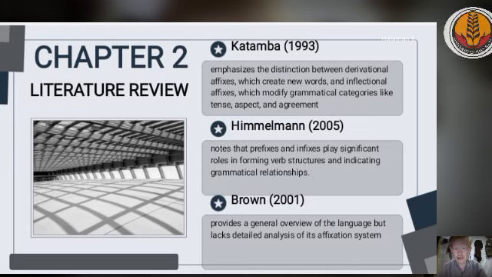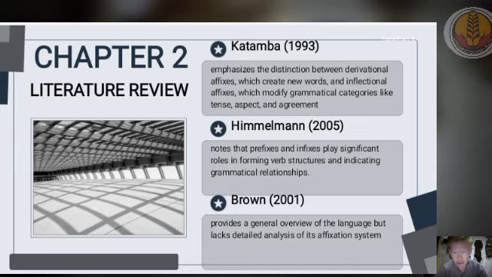The first, Katamba, 1993, emphasized the distinction between derivational affixes, which create new words, and inflectional affixes, which modify grammatical categories like tense, aspect, and agreement.